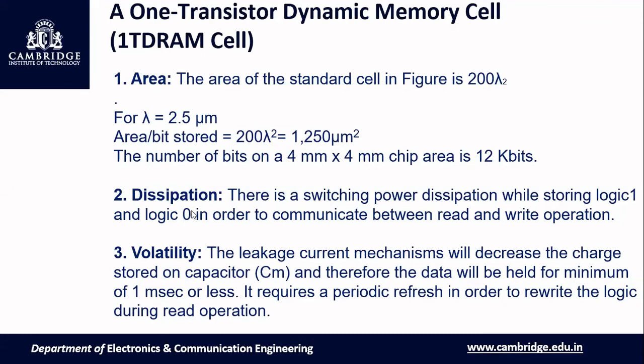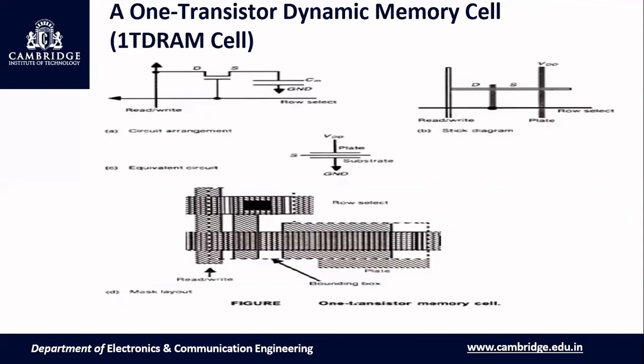Power dissipation. There is no dynamic power dissipation or static power dissipation in this. There will be only switching power dissipation. Whenever the transistor is on, during that time power will be wasted. So here, when this NMOS is on, only then power will be dissipated.